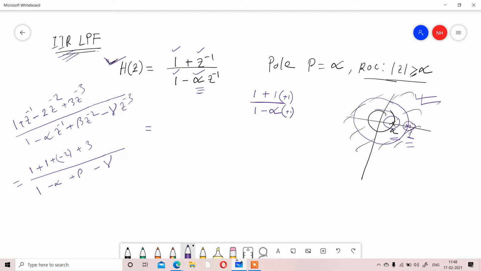Okay, and all the Z components will be multiplied by plus 1 for low pass filter. So wherever a Z component is present, it will be multiplied by simply plus 1. That is also multiplied by plus 1, and that is also multiplied by plus 1.